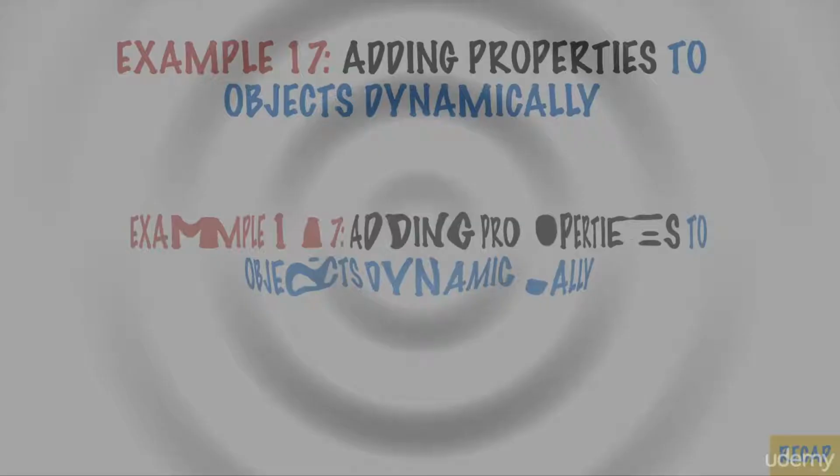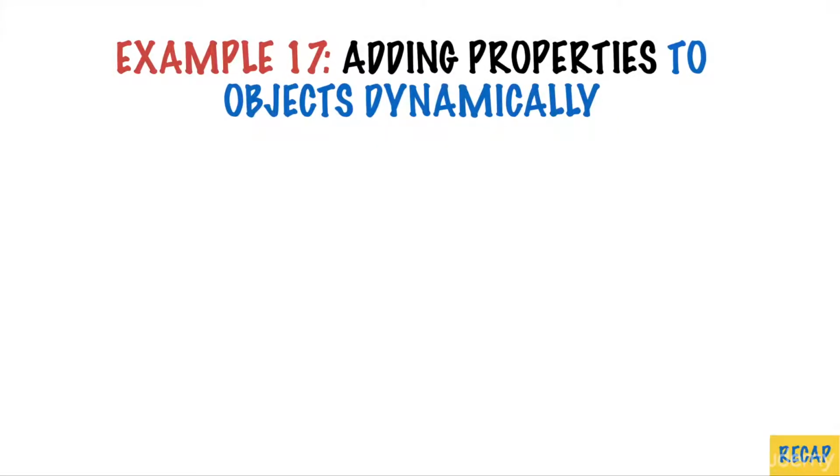This is not possible in Java, C++, or any other conventional object-oriented language. However, it's one of the mind-bending things that JavaScript objects allow. Once an object is set up, on the fly you can add properties to it dynamically. Let's see how.